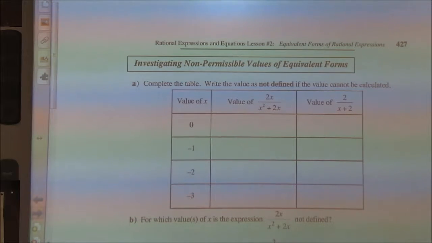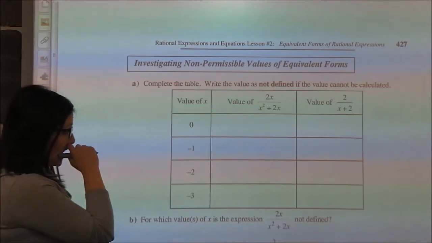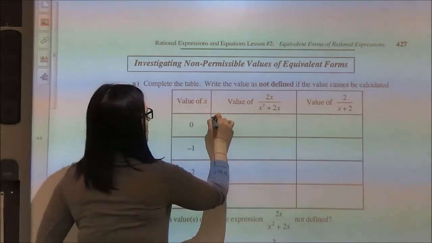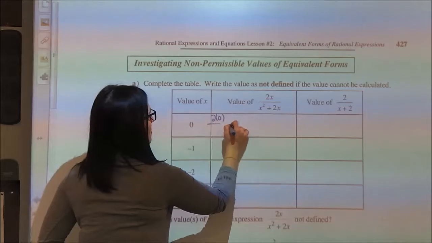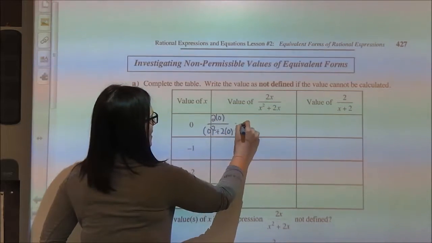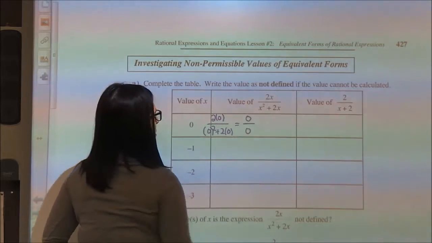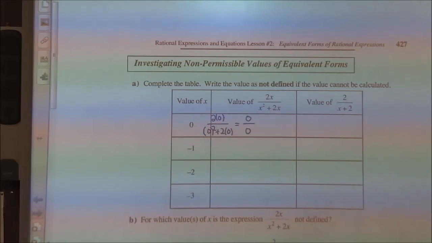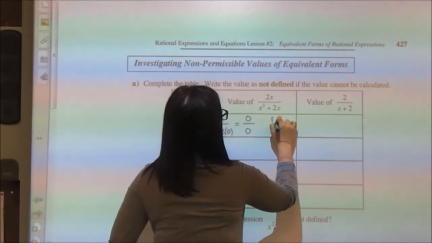So now we look at non-permissible values. Again, we have our 2 expressions. It says write the value as not defined if we can't calculate the value. So if I look at the first column, if I replace x with 0, 2 times 0 over 0 squared plus 2 times 0 gives me a 0 on the top, but more importantly, a 0 on the bottom, which I cannot have, so this is not defined.